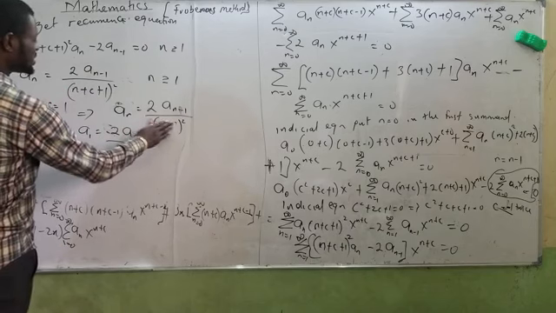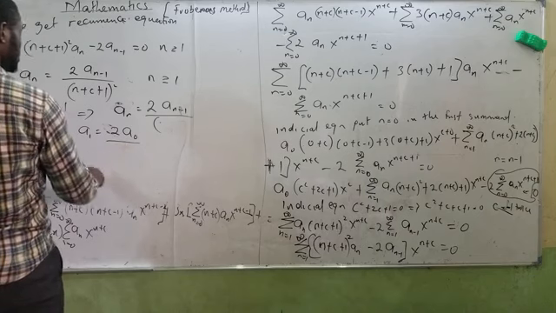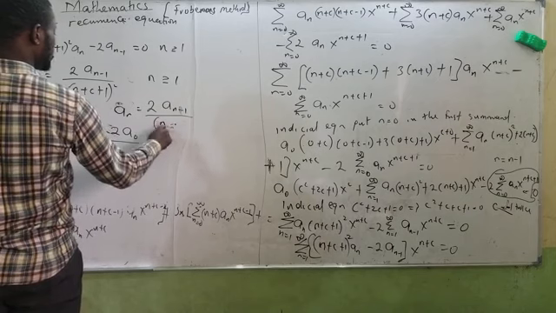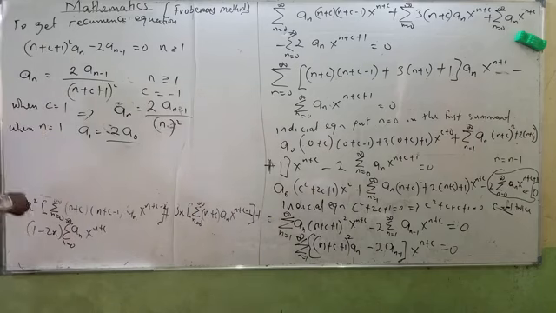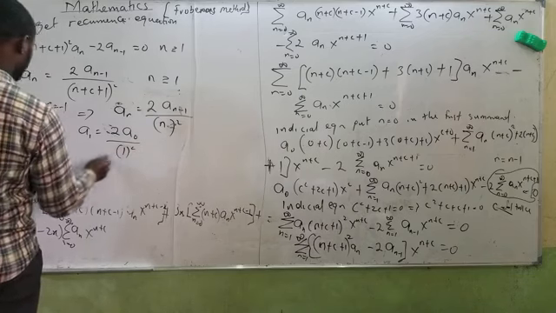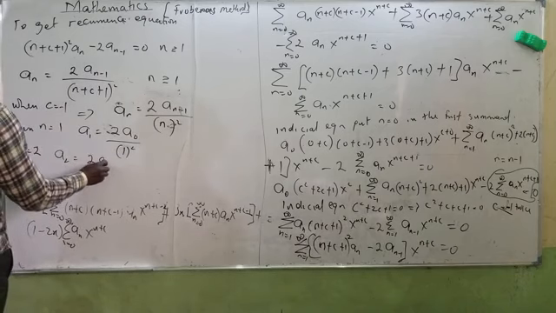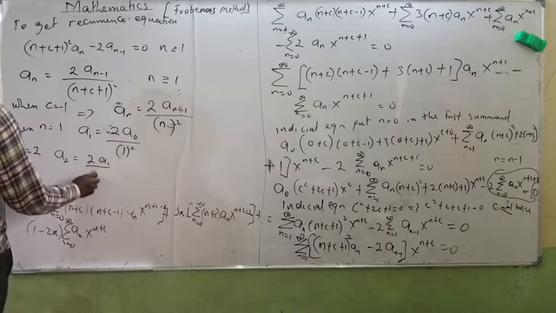Because I was looking at this solution, it is not giving me what I want. If my c equals minus 1, right? Now, since I have that, my n equals 1 will give 1 squared. When n equals 2, a2 equals 2a1 divided by 2 squared.